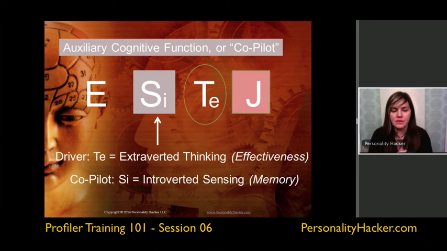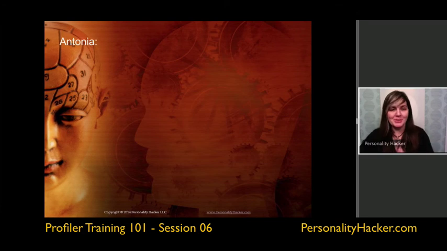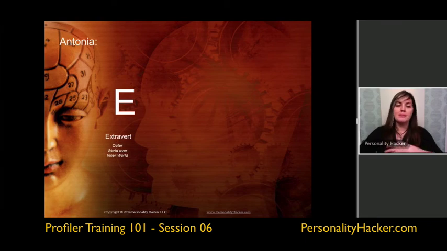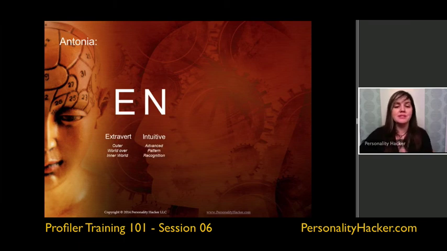Okay? All right. So let's use me as an example. We just used ESTJs. Let's use me as an example. Well, what am I? I'm an E. I'm an extrovert. That means I like my outer world over my inner world. I'm an intuitive. That means that I prefer speculation and advanced pattern recognition. That's my preference.